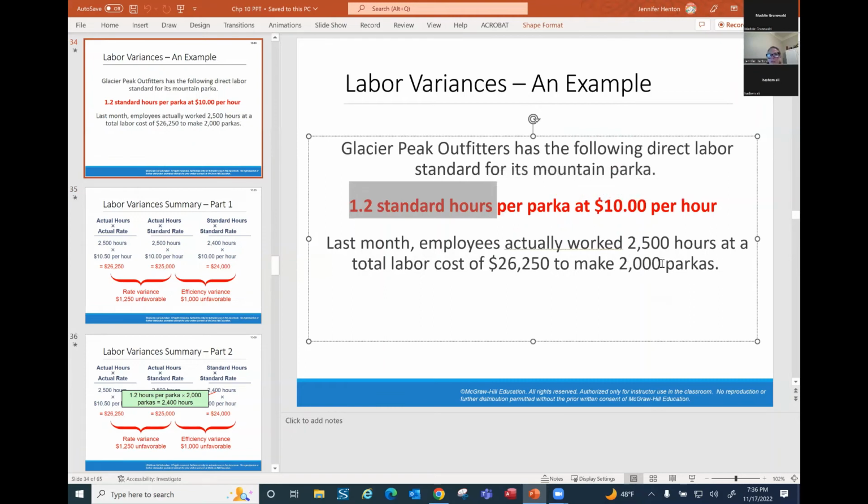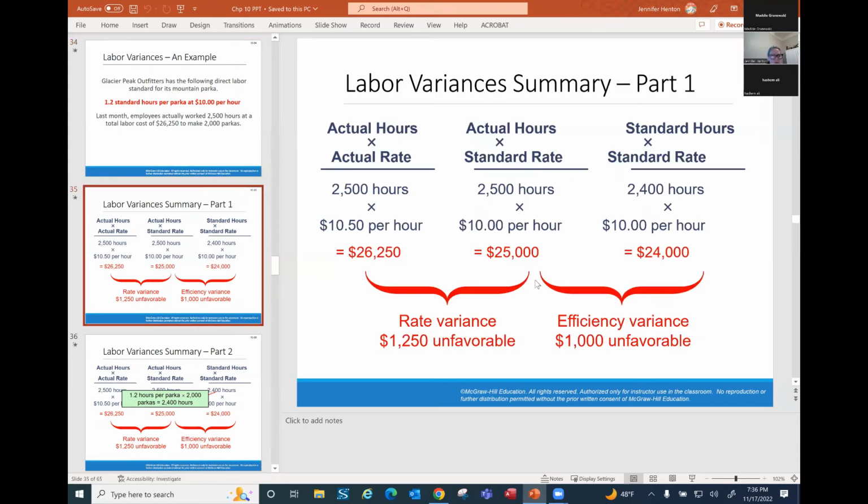That's where the 2,400 comes from. Okay, so we do the calculation. Our standard is a little bit lower than the actual. So we're going to have another unfavorable balance. So the efficiency variance is 1,000 unfavorable.